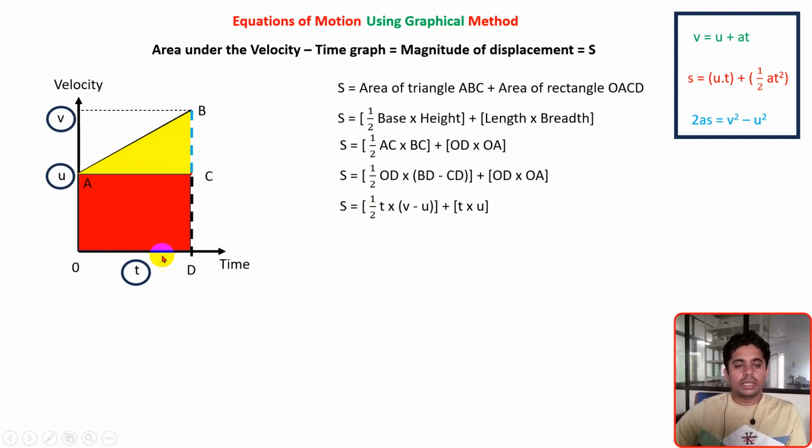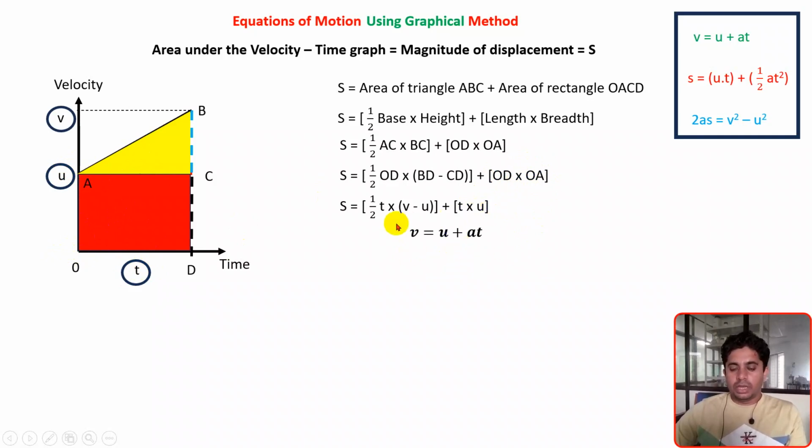OD is nothing but the time interval. BD, B to D distance is nothing but the final velocity V. Then C to D distance is nothing but initial velocity U. OD is T and O to A distance is nothing but initial velocity U, right?